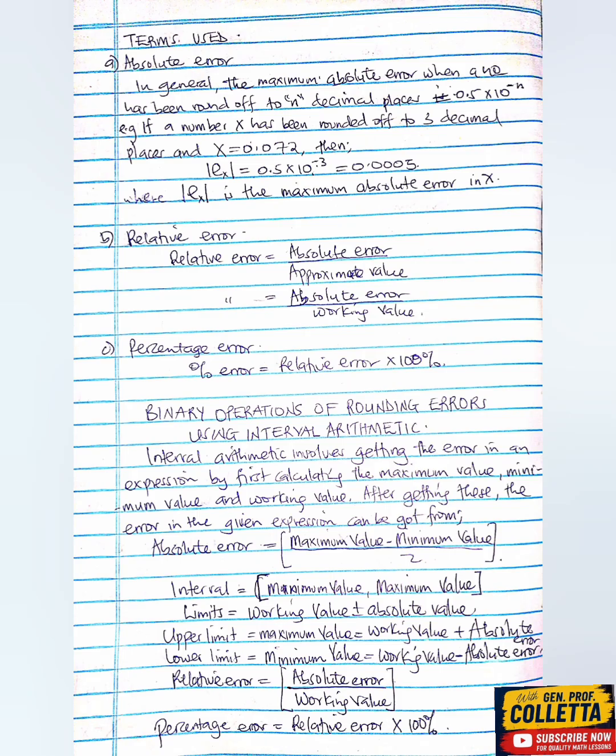Then we have what we call the percentage error. In simple terms, to get the percentage error, we just get the relative error times 100. Another example of relative marks: if they are marking out of 80, you might have gotten 20 out of 80.